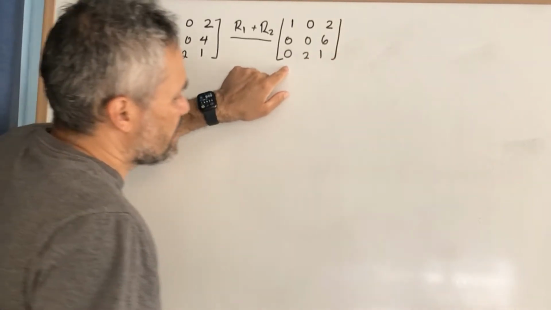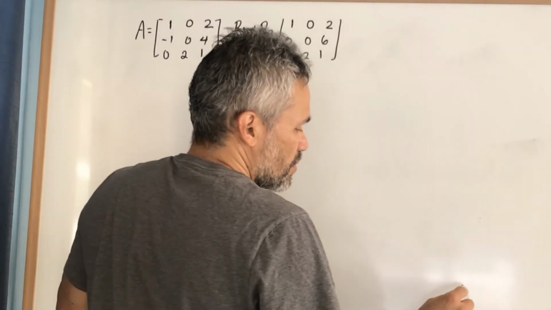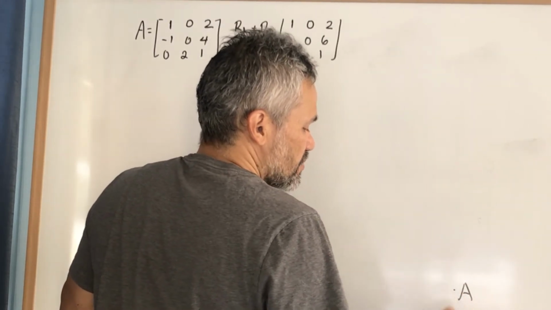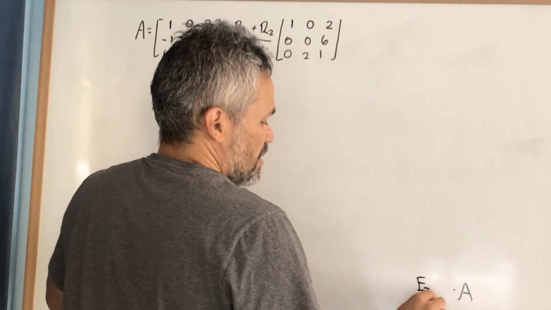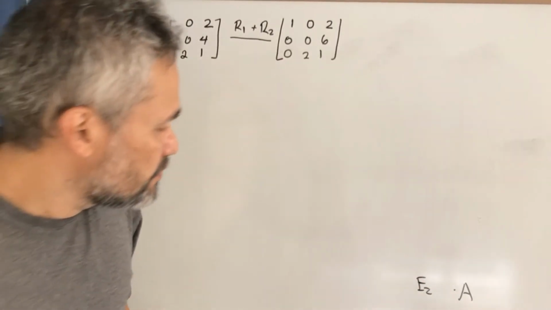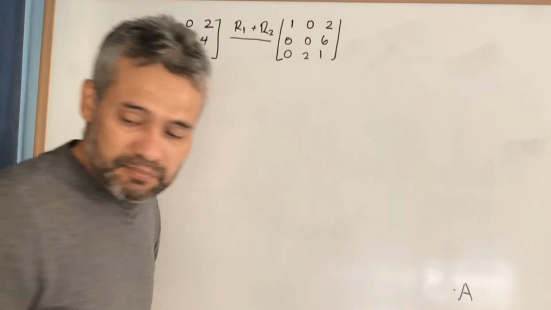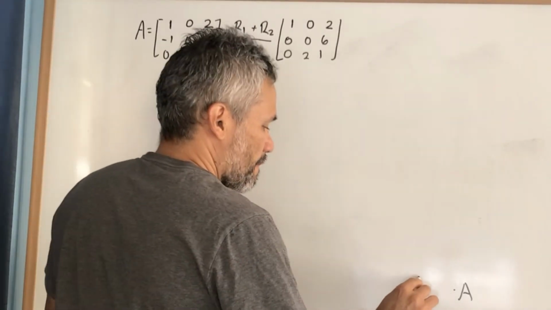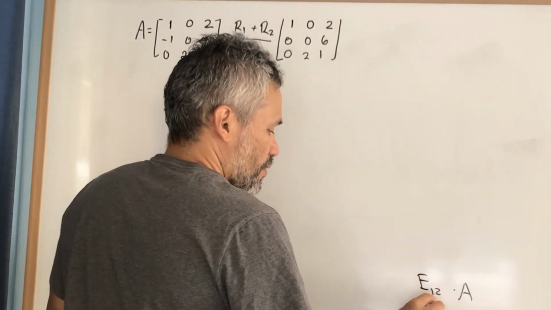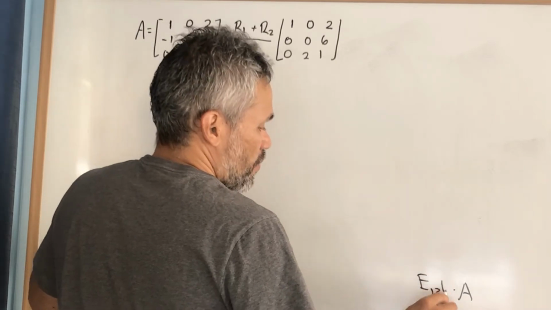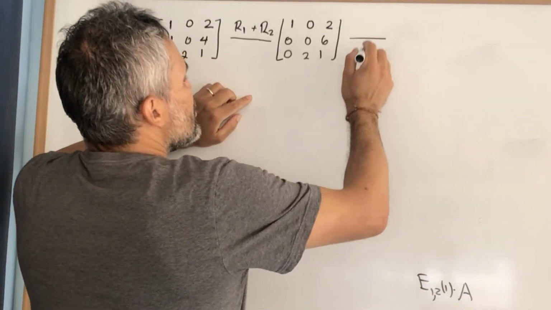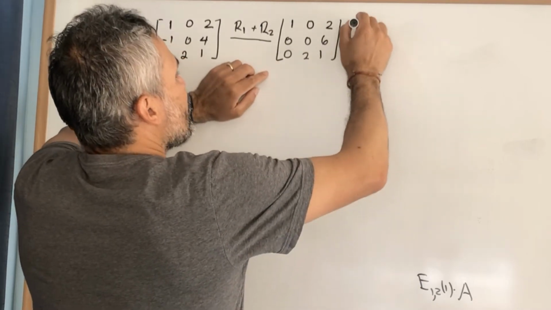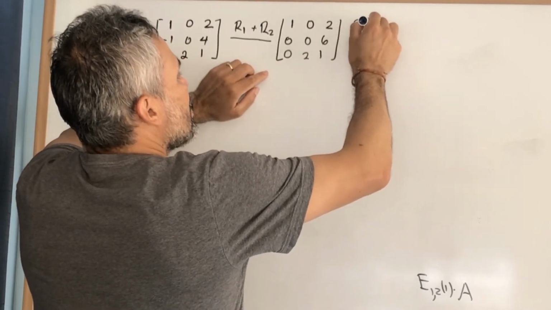That means that this matrix is equal to A times the matrix E2,1 with entry 1. Let's keep going. Here we can change row 2 and row 3.